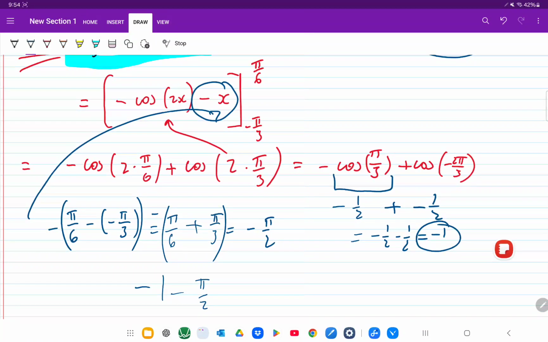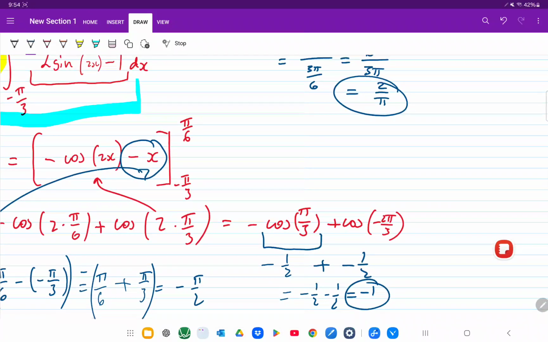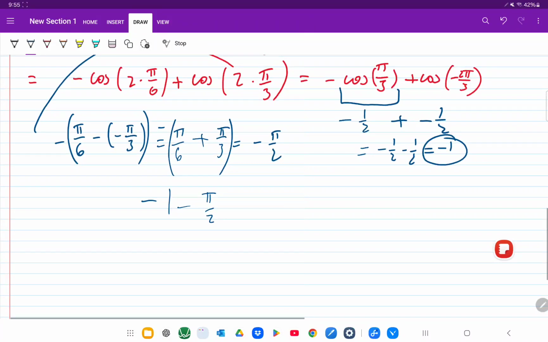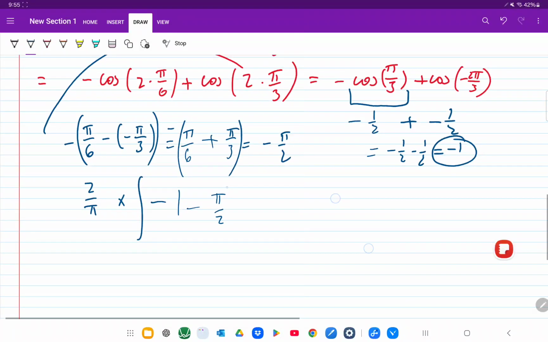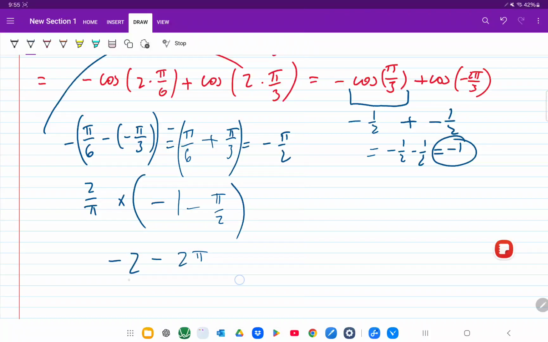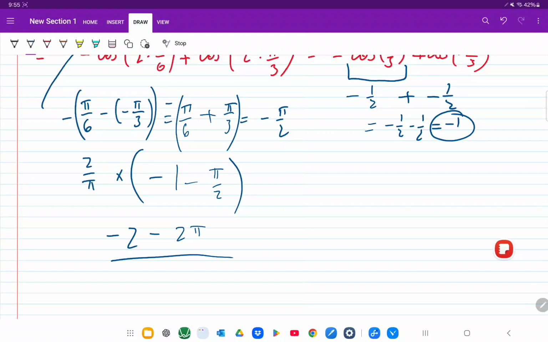But don't forget, we've got the 2 on pi that we need to consider, so all this is multiplied by 2 on pi. What we end up getting is negative 2 minus 2 pi over pi.